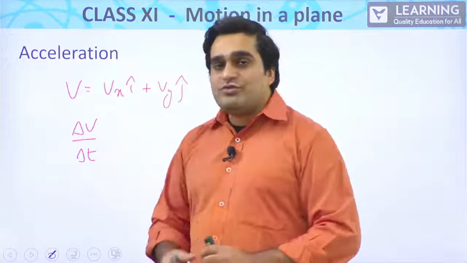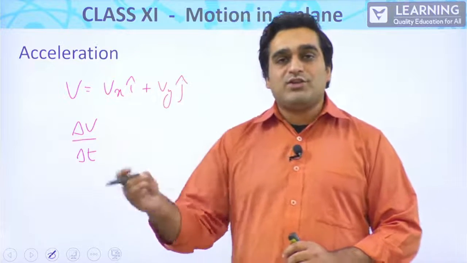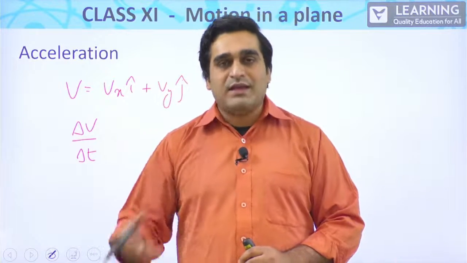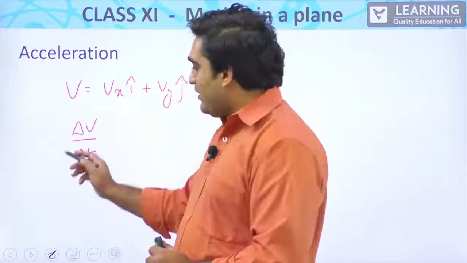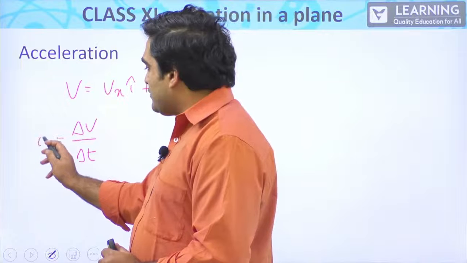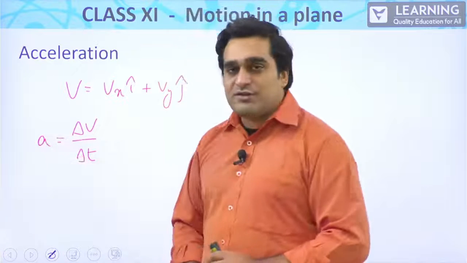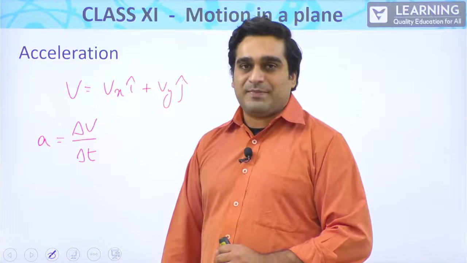Remember, when you use the words rate of change of some physical quantity, it is always with respect to time. So the rate of change of velocity in this case gives you acceleration.